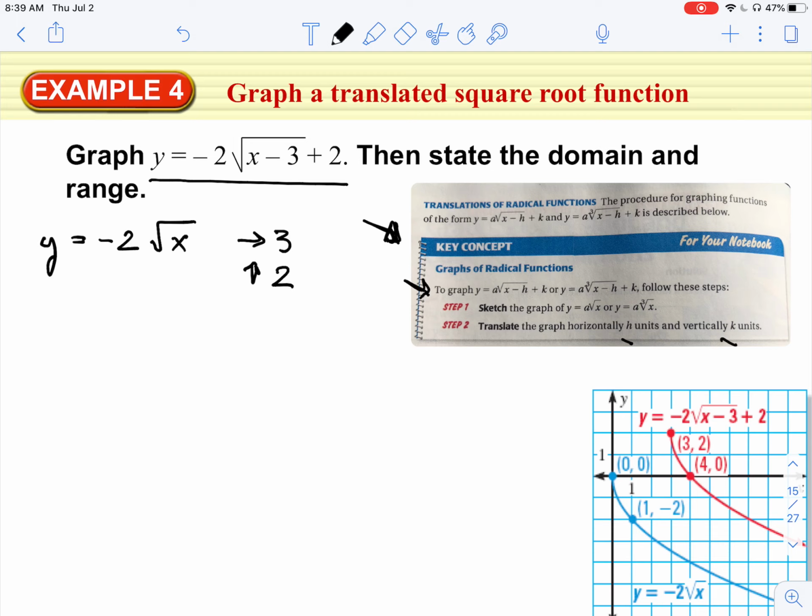First, we see the very base function right there. We know it goes through the origin. If I do x and y, 0, 0, and if I plug in a 1, I get a -2, and then my curve goes on from there. I plot those 2 points, and then I can just sketch my curve.